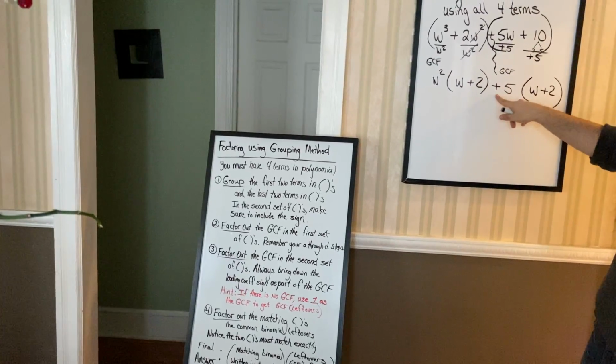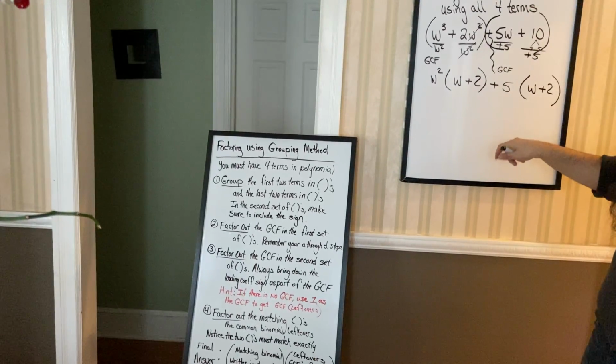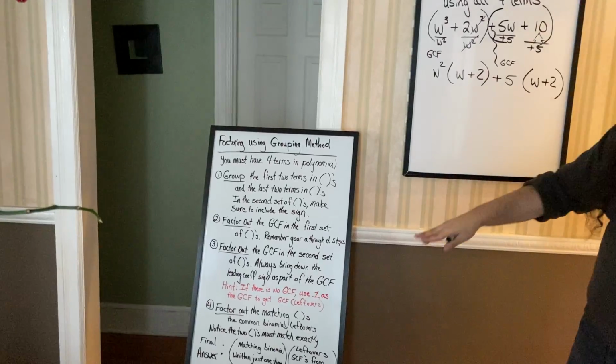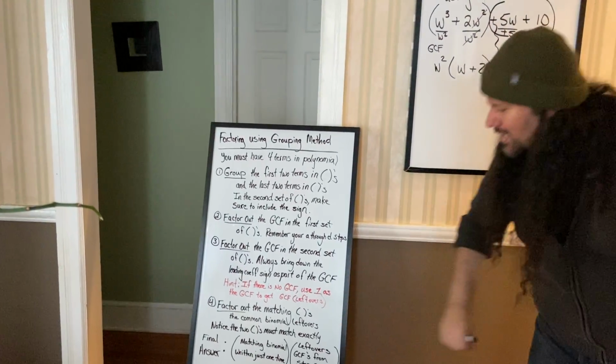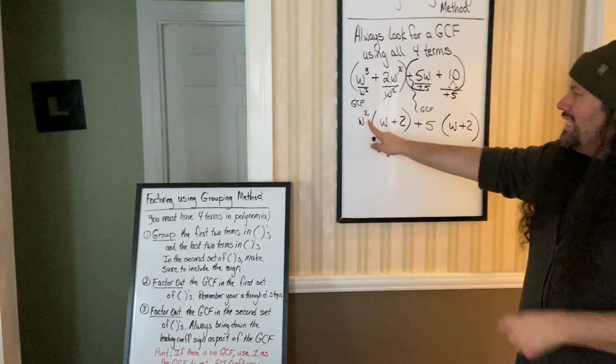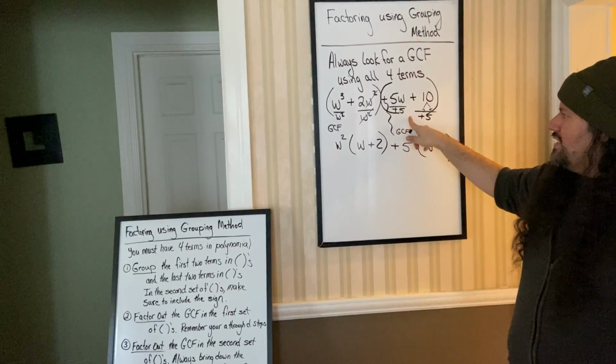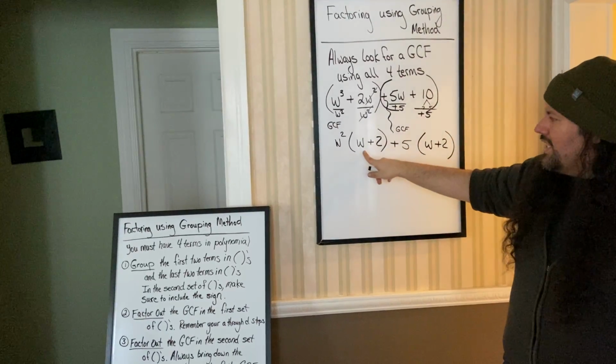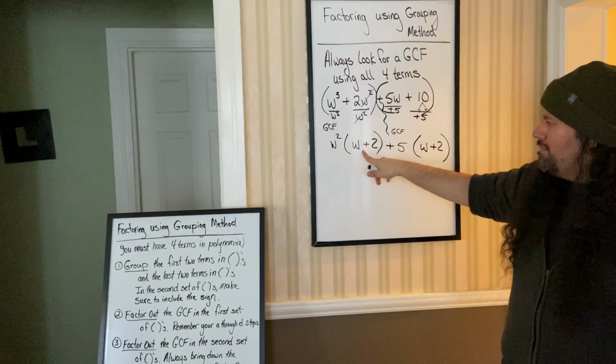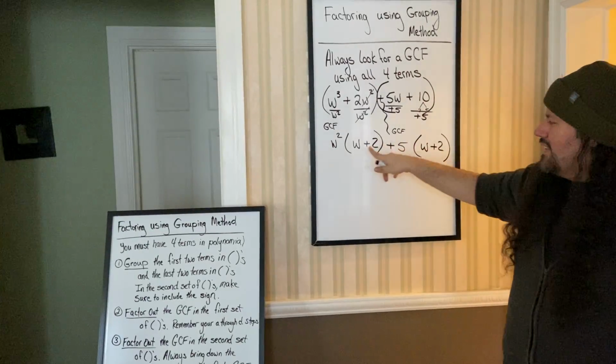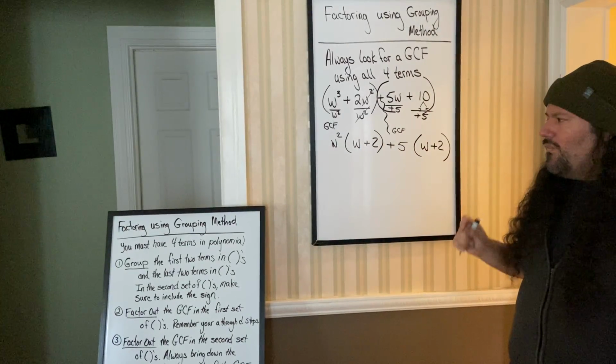So step 3 was to take out the GCF, which we did, bring down the leading sign here as +5. And notice, by doing that, step 4 says factor out the matching parentheses. By taking out the GCF here and taking out the GCF here, notice that we have matching binomials. So we're going to do the factoring out one last time.